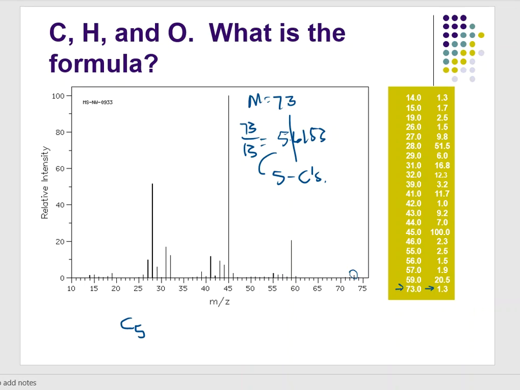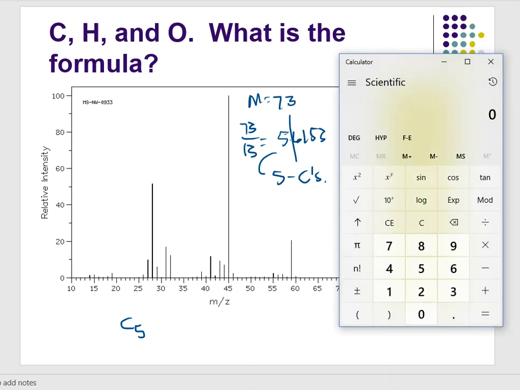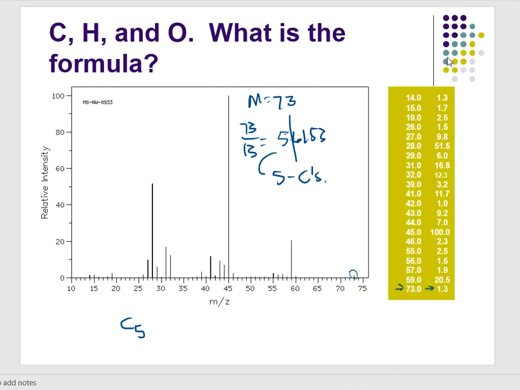All right, I'm going to bring the calculator back up, clear it out. And if I take 5 times 12, which is the normal weight of carbon, that gives me 60. Well, this says the total weight is 73. So I'm going to take 60 from 73, and I get a total of 13 hydrogens. So H13.